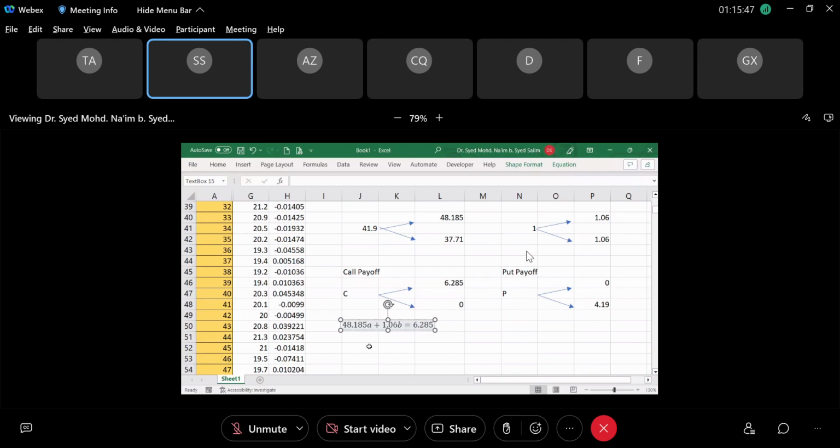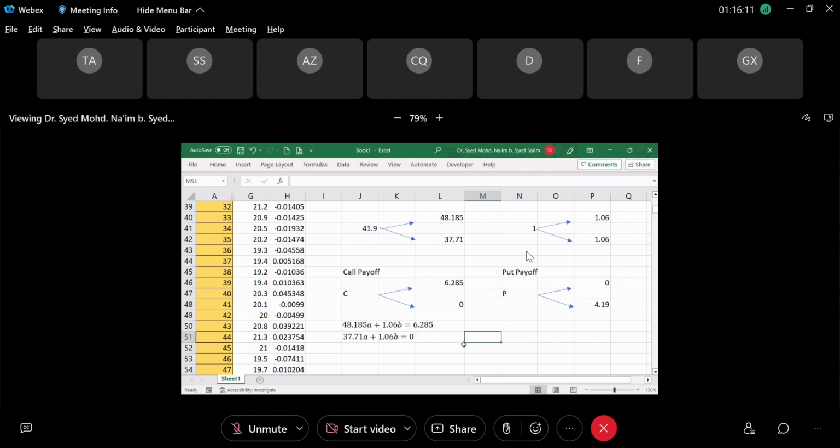Second equation. Copy that. Have 37.71. So it's supposed to be 0. Okay.